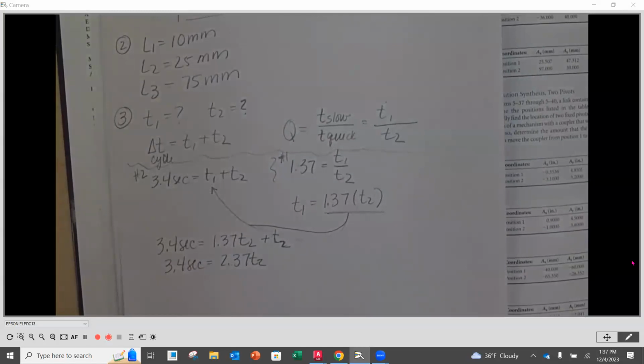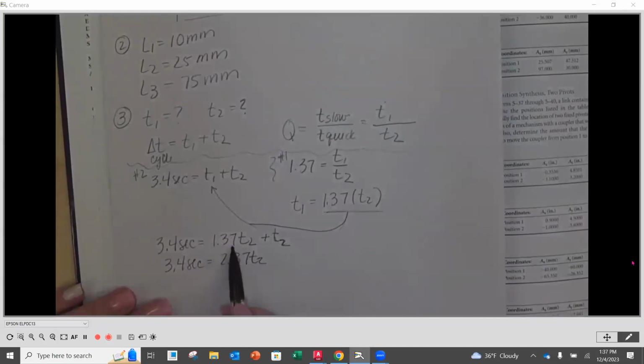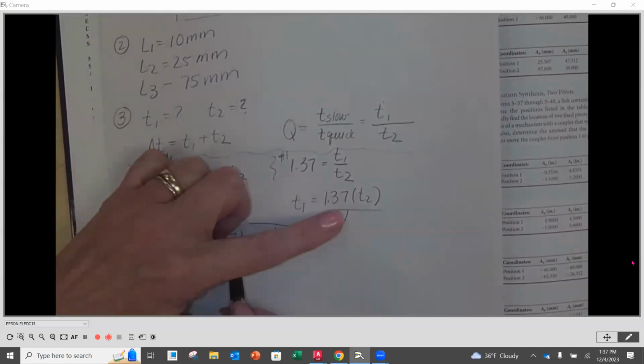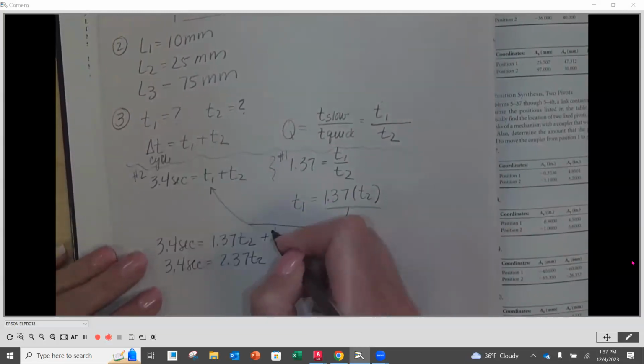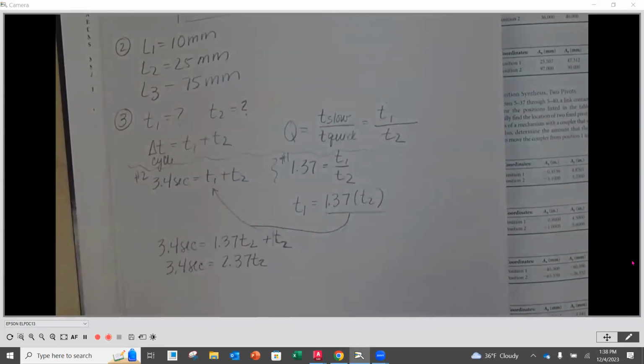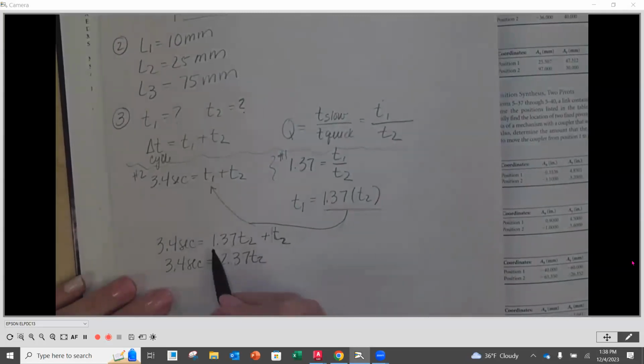Are you guys confused at what I'm doing? Because this is 1.37, right, from over here. And then there's an imaginary 1 in front of T2. A T2 by itself, one variable, is like the whole number 1. So we take 1 plus 1.37.